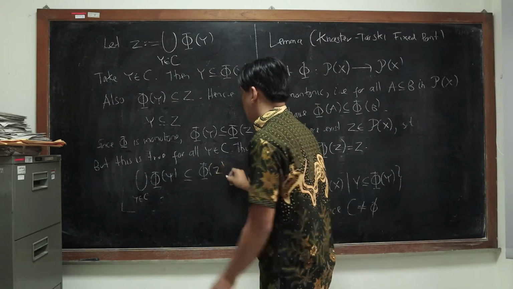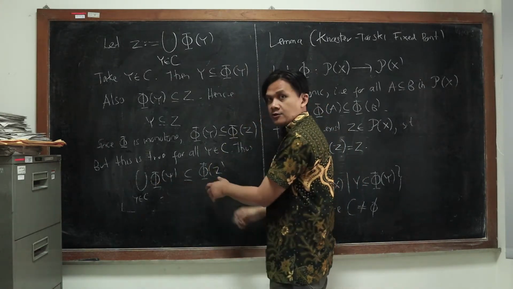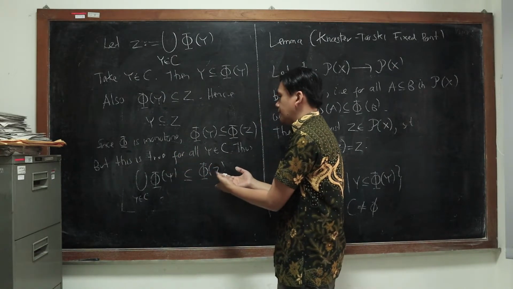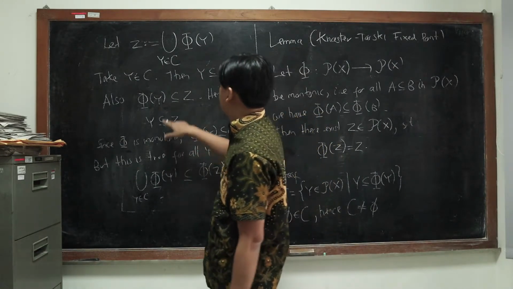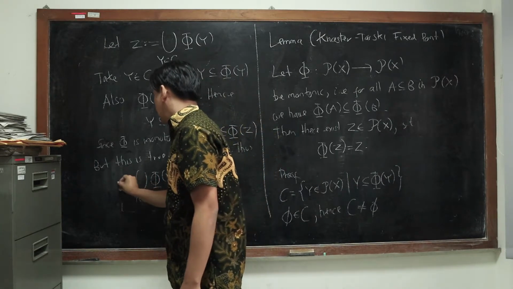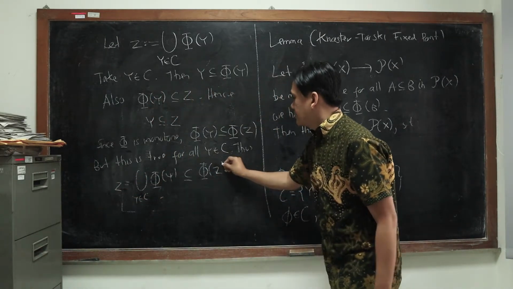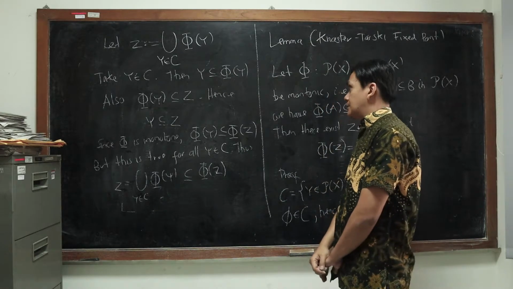Because each of these sets is contained in phi of Z, so if we take the union, it's still contained in phi of Z. But this is exactly Z by definition. So then we have Z is contained in phi of Z.